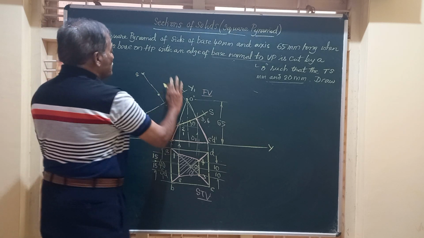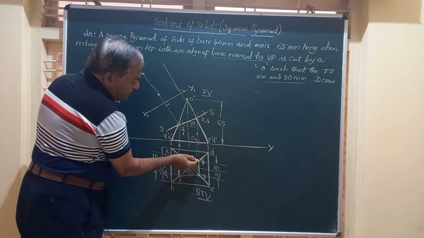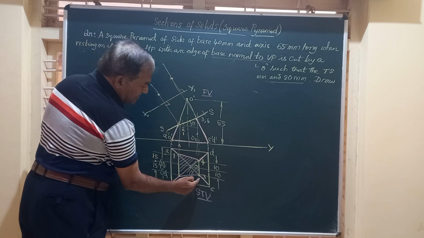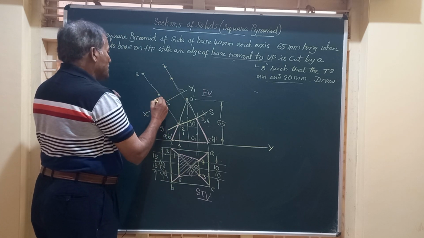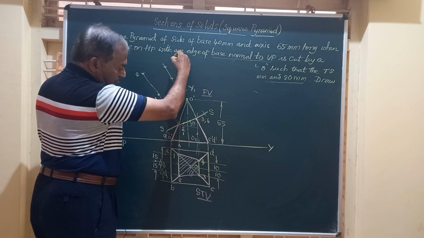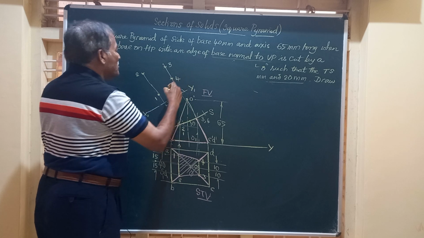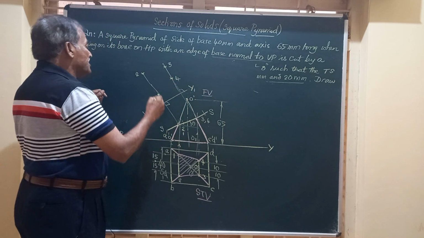Similarly, friends, we are going to mark the other two. That is 4 is nearer here, this much on this, and then 3 away from there. So we are going to get 1, 2, 3 and 4. So I got all the 4 points of the trapezium.